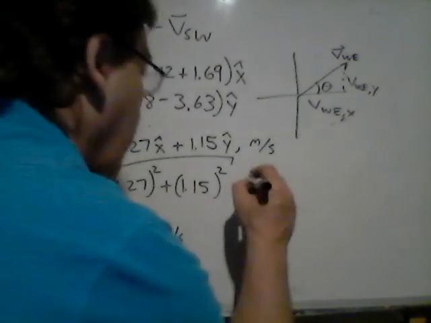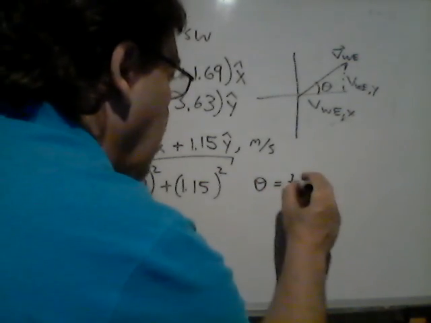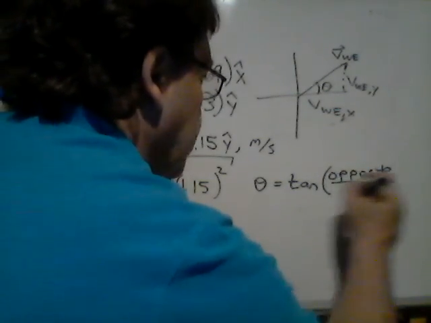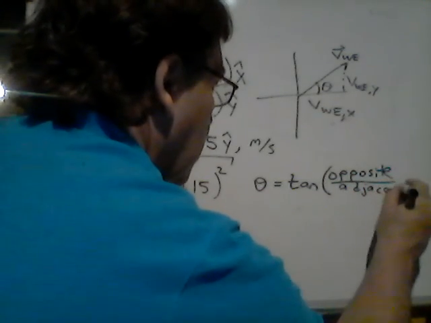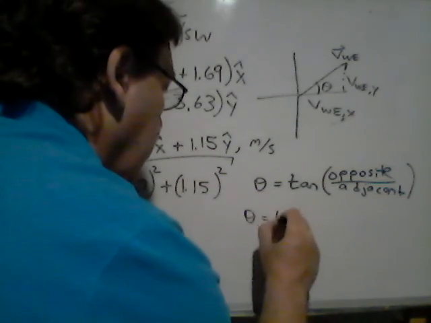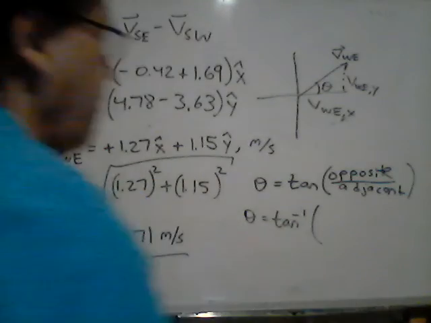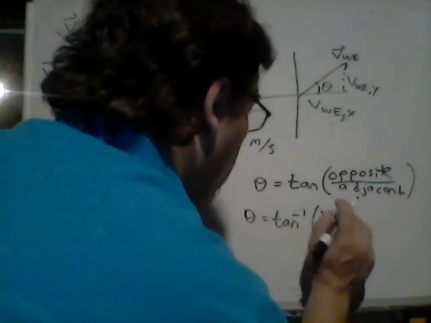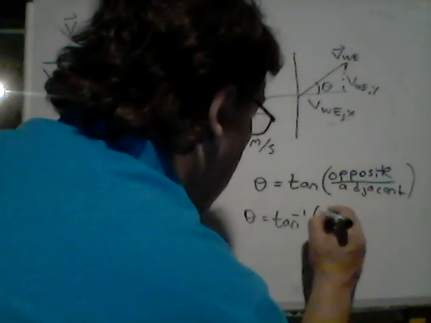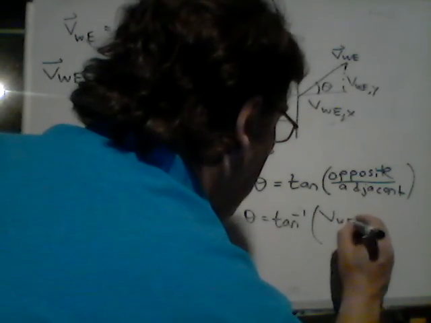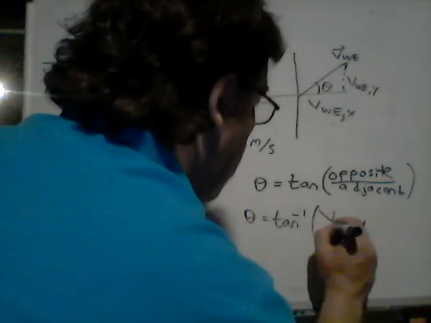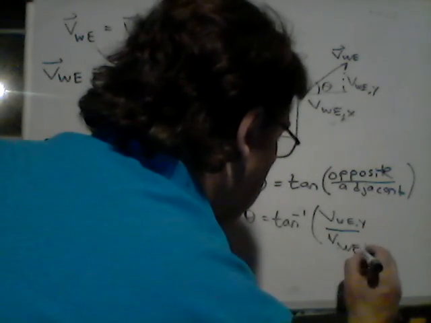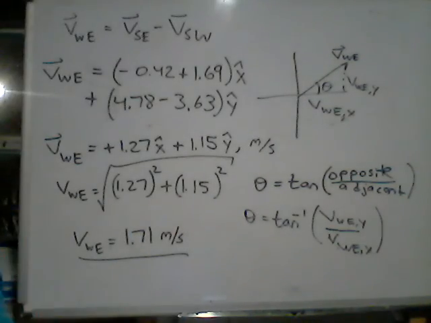All right, so the angle, well, I've done this a few times. It's going to be the inverse tangent of the opposite over the adjacent, or theta is the inverse tangent of V sub WEY, the opposite, divided by V sub WEX.